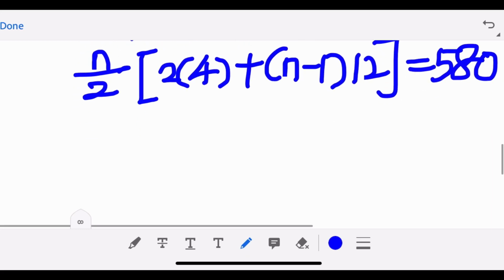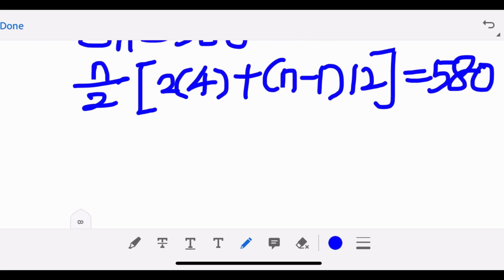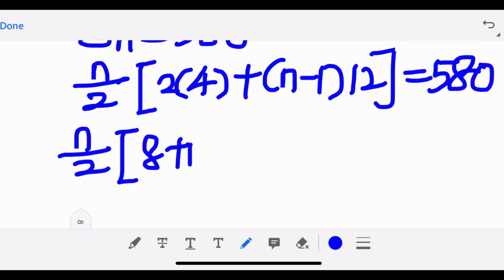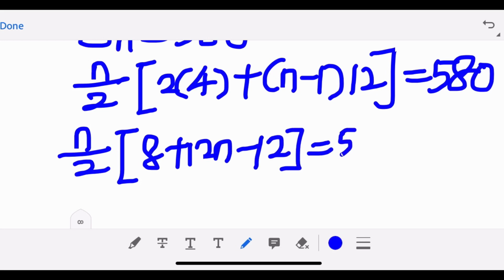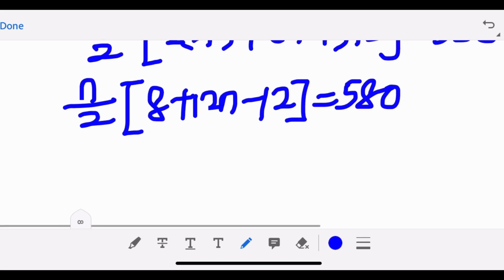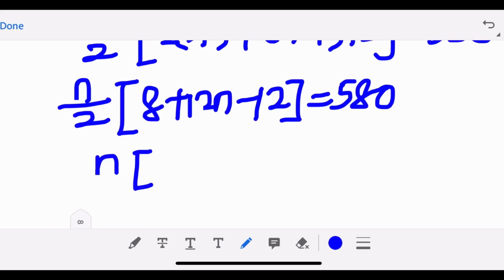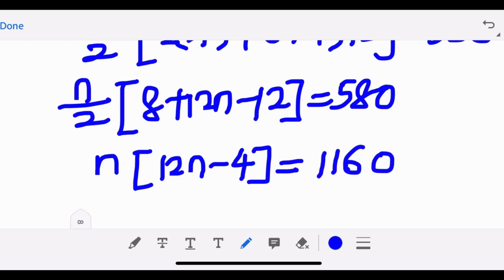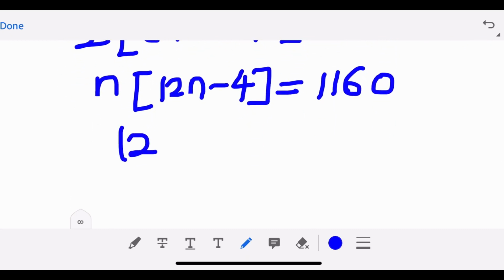So then you try to simplify until you get a quadratic equation, and then you need to factorize to get the n, right? Okay, let's see how to expand. 12n minus 12 equal to 580, and then you try to simplify. You will have 12n minus 4, and then this is 2 times 580, so you get 1160.